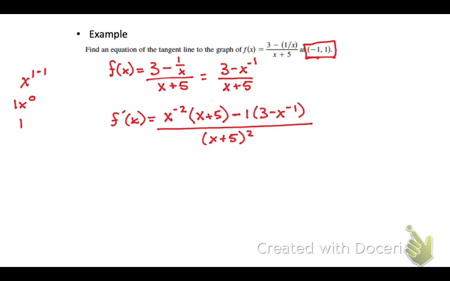Okay, so we got some work to do. Can't leave negative exponents. I'm just distributing, right? Well, before we distribute, can we take out 1 over x plus 5?